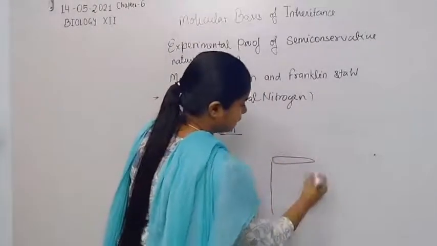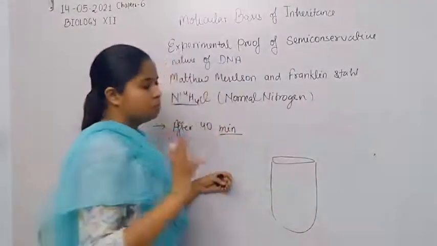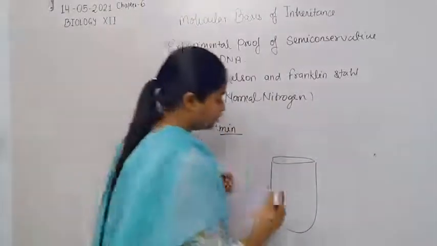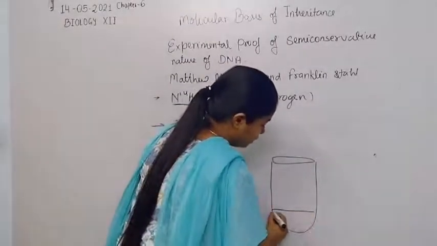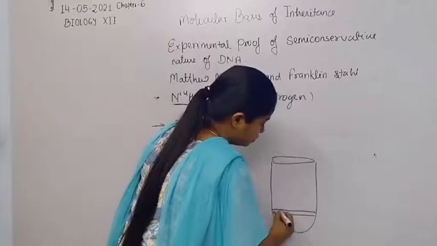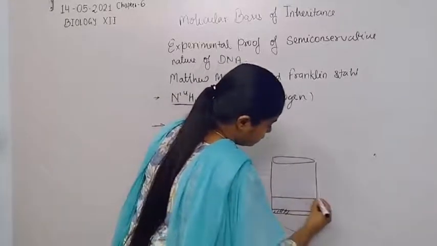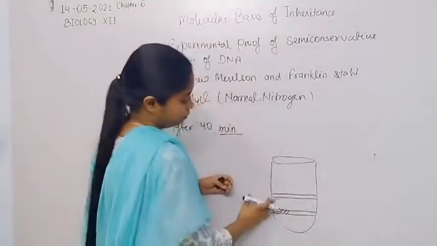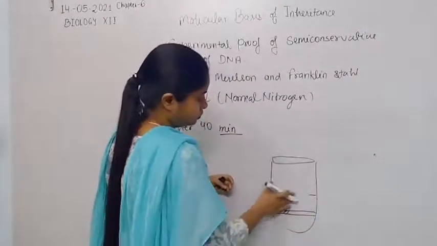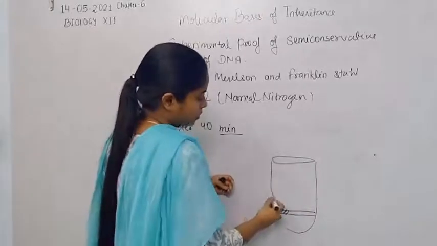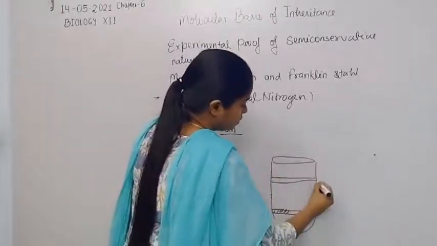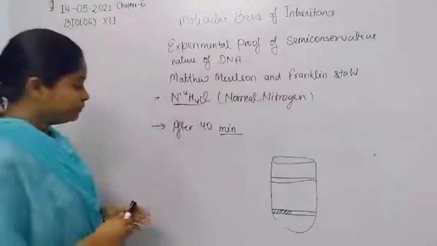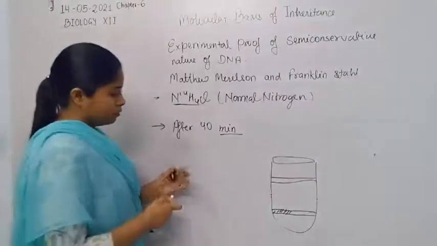In the third test tube, by centrifugation, they observed the bands. Now what happened with the third experiment?